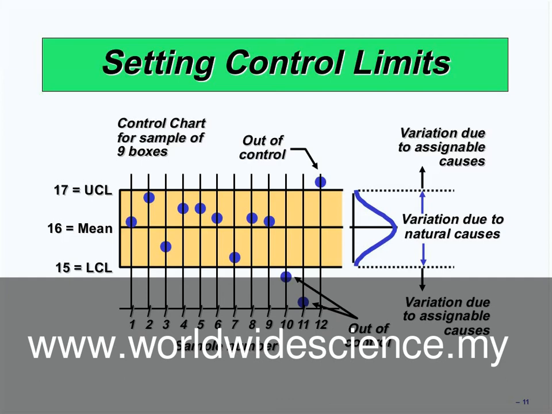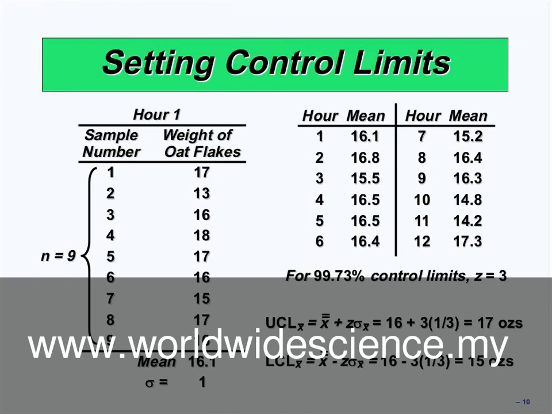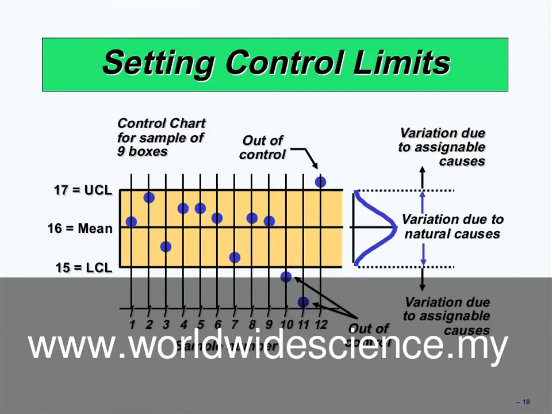It has not been drawn very accurately, okay, because the graph has been drawn as a schematic. For example, we draw a line that shows this is 15. We draw a line that shows 17. As I told you, the vertical axis is the ounce or weight, and the horizontal axis is the sample number.